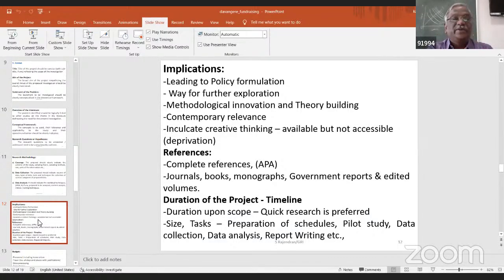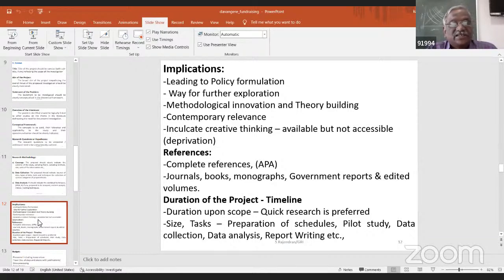Or some studies may be innovative in the aspect of methodological framework. For example, a group of researchers may be taking up research on a specific aspect, for example, rural employment or urban employment. Both sets of researchers may be doing research on the same theme, but the methodological dimension will be different.